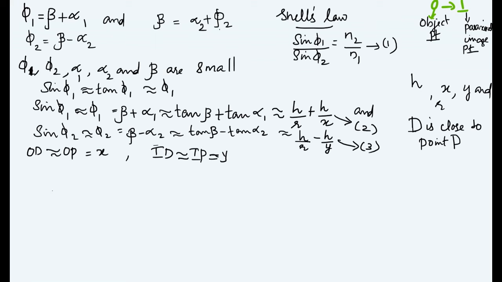Substituting the values of equations 2 and 3 in equation 1, h by r plus h by x over h by r minus h by y equals n2 by n1.